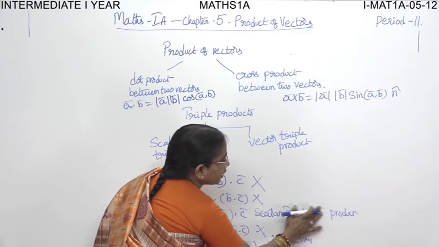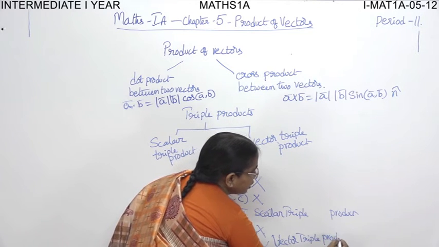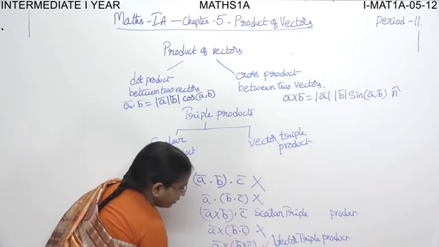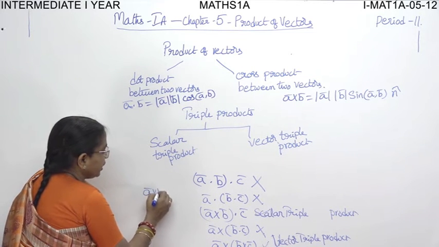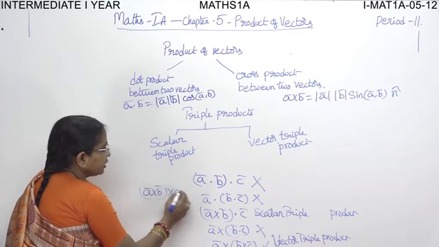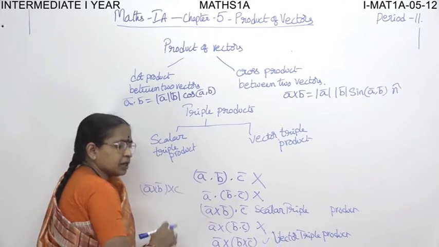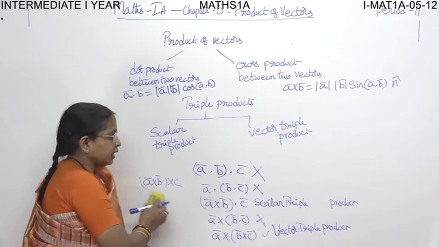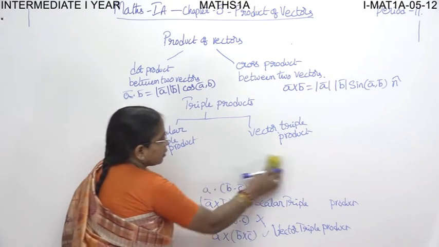Scalar triple product, and then this is vector triple product. And we also have A cross B cross C. Even this is a vector triple product. This vector triple product at present you don't have, it is in the deleted syllabus. So we'll be learning only about the scalar triple product.